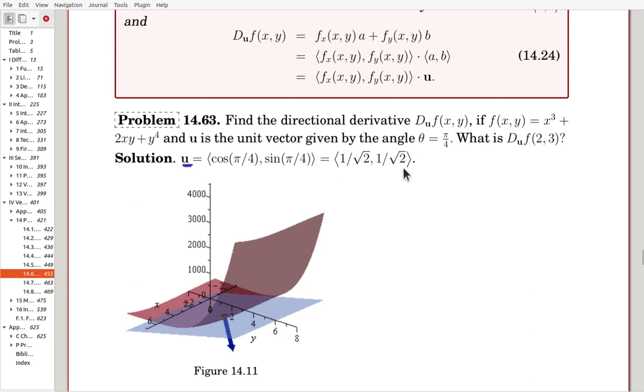That is this one. So we have u, and to get the directional derivative, we need f sub x and f sub y. And we have to evaluate the partial derivatives at (2, 3) to get the value.